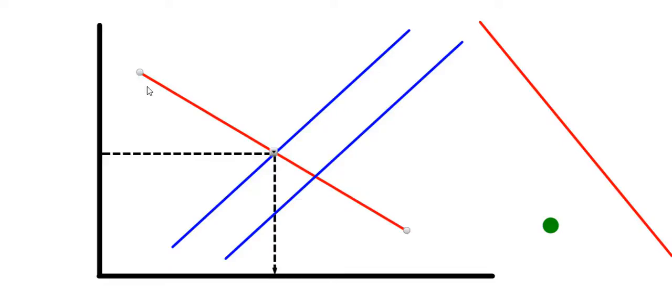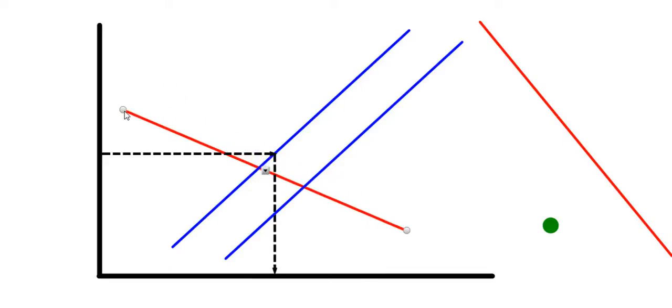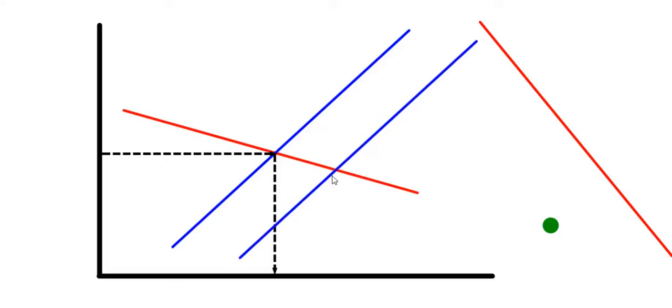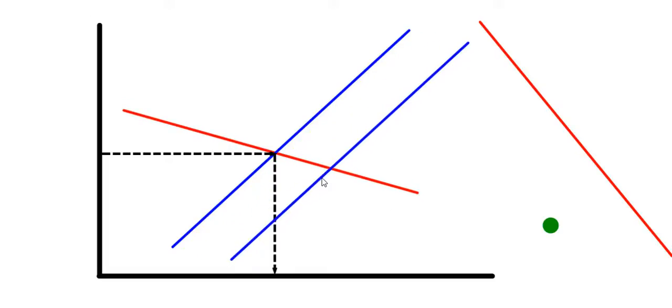In other words, if we make this even more elastic, we go like this, we can see that as we shift out, price changes very, very little, but the actual quantity changes more as this demand curve gets more and more elastic.